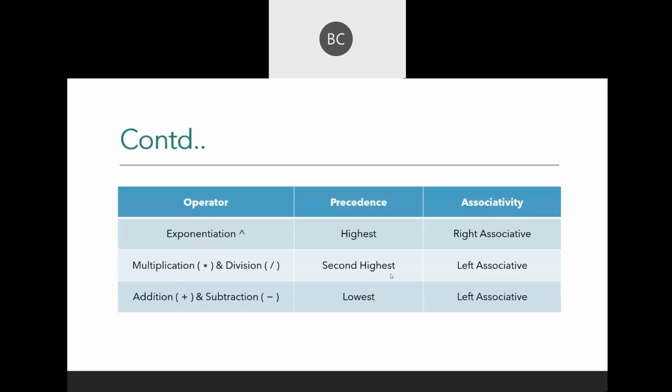Both have the second highest precedence, and if both are in an expression, we use left associativity, evaluating from the left side. Addition and subtraction both have the lowest precedence, and this also follows left associativity.